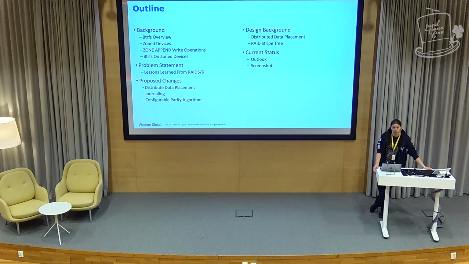Then we go on to a problem statement with lessons learned from RAID in the last decades, and then what the proposed changes are, how we could make RAID better, and how the design should look like, and then some current status with some screenshots. Because I'm not doing a demo, I didn't sacrifice my children to the demo gods.